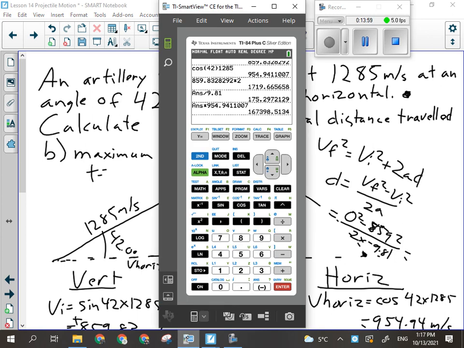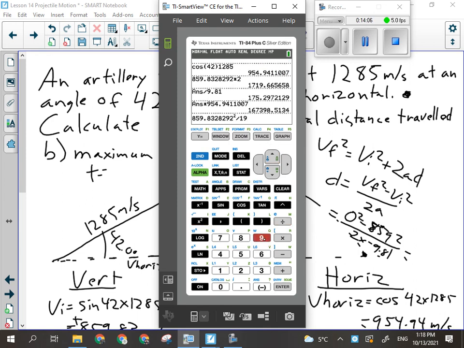So okay, that's 2 times 9.81 right there. All right, so it is going to reach a maximum height of 37,682 meters, but I only have 3 significant figures, so 3.77 times 10 to the 4 meters would be my maximum height there.